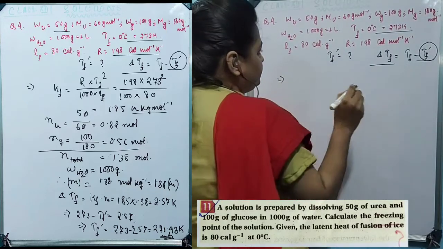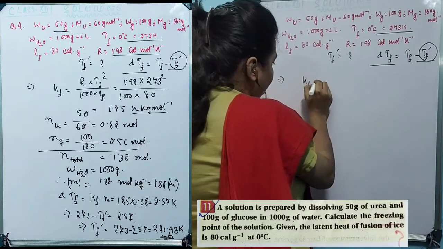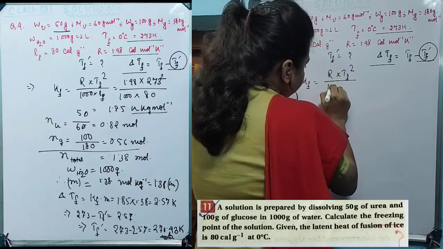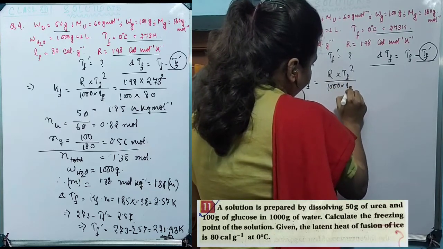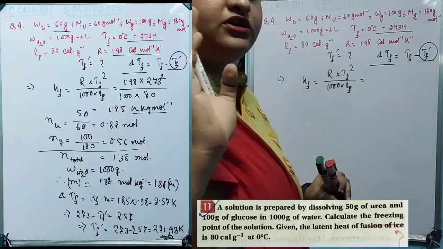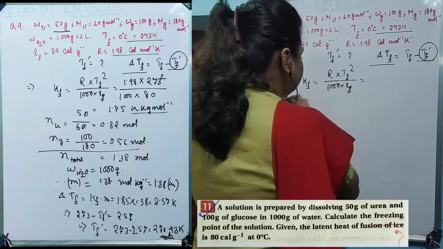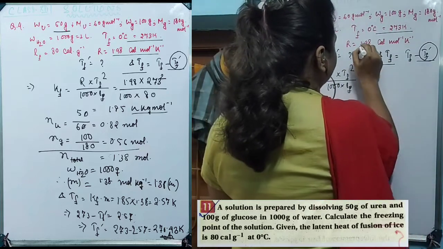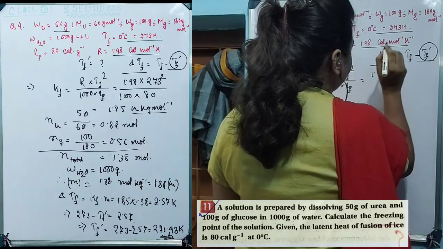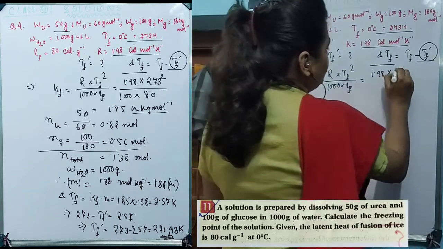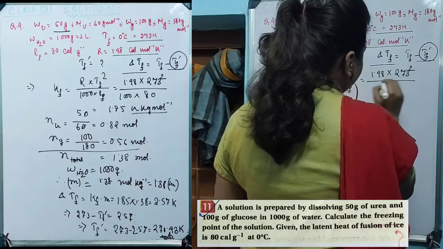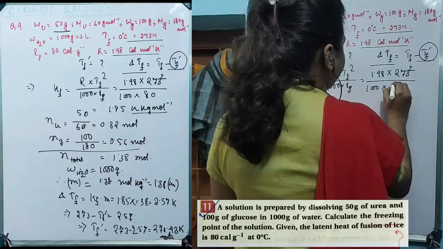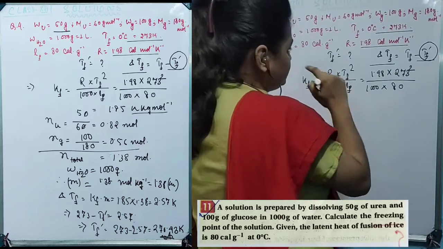By applying the Kf equation, which is R into TF square by 1000 into Lf, where Lf is the latent heat of fusion per gram, we can find Kf for this specific solvent. We are going to take R as 1.98 calorie mole inverse Kelvin inverse. TF is 273, squared, Kelvin square, by 1000 multiplied by Lf, which is 80 calorie per gram.